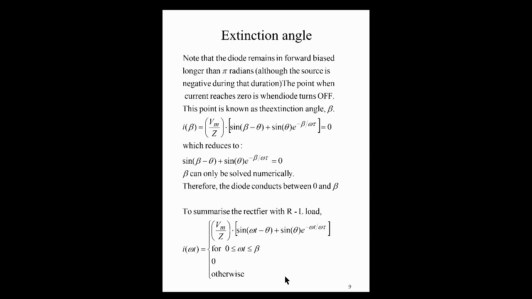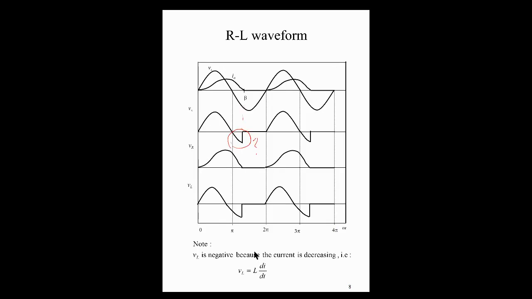All right, so just to summarize, in the case of your rectifier with resistive inductive load, the current flowing through can be given by this expression that I've shown here. And this is for omega t between 0 and the extinction angle. If you look at the curve, this is where the equation is valid.